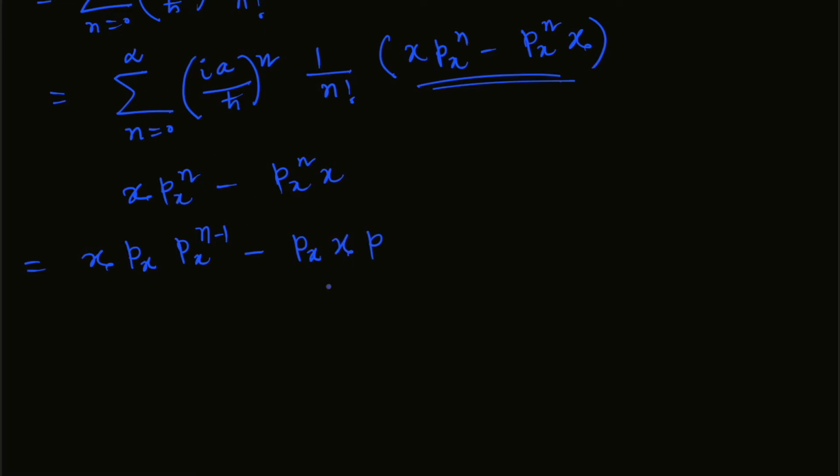We add this term, subtract extra term x px n minus 1, then we have to add this term again px x px n minus 1. Now let us subtract another term, px x px square px n minus 1.